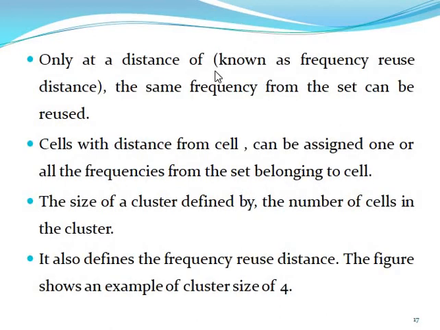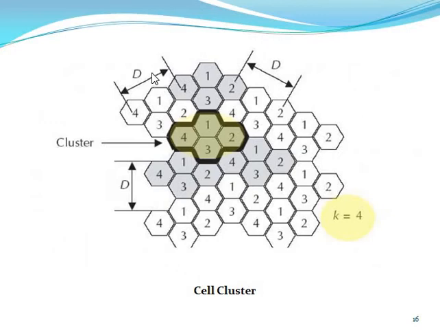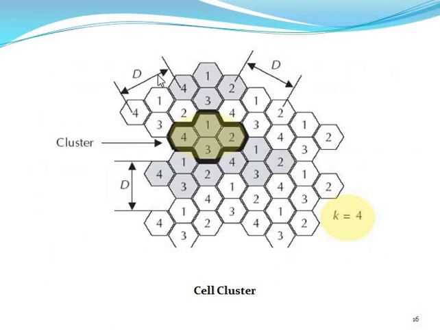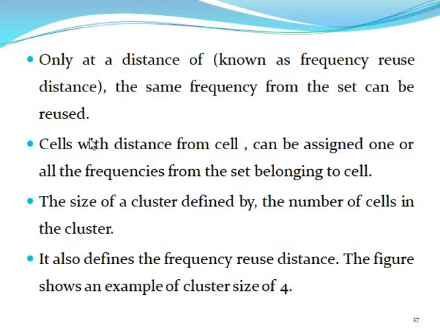Only with the distance, D meaning distance, can the same frequency from the set be reused. So this is also important. The same frequency from the set can be reused for the particular network.